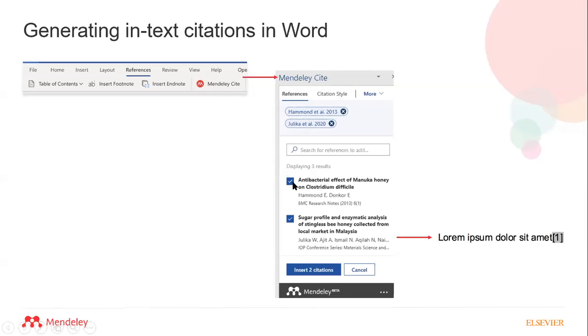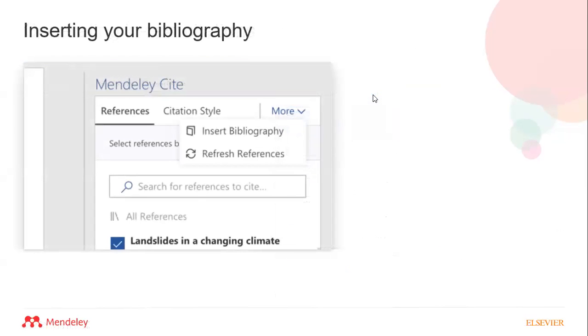If you cite from an article, select that reference, then click Insert. If you cite more than one reference, select all the references that you have cited. Then when you want to create the bibliography list, or all the references that you have cited, you click at More, then select Insert bibliography.